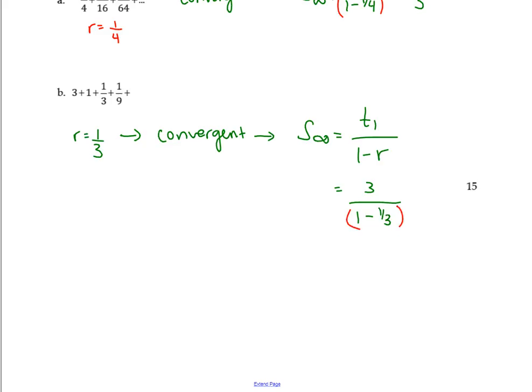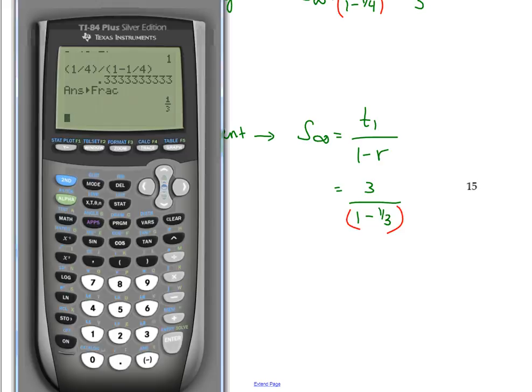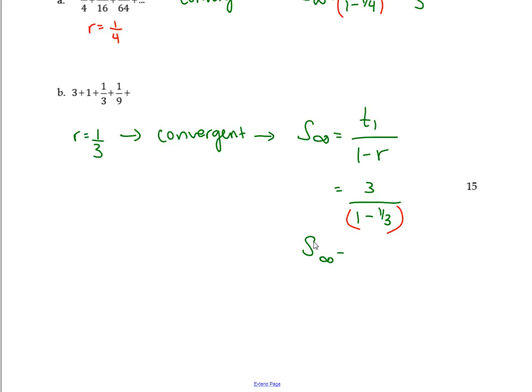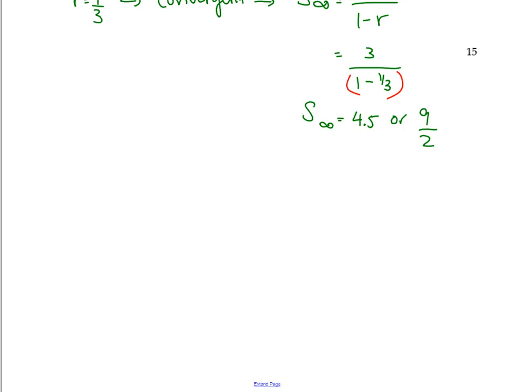Make sure to wrap your denominator in brackets when you enter that. Because it's a terminating decimal, it's fine to answer as a decimal. If it's a repeating decimal, you need to change it to a fraction. So 9/2 or 4.5 is perfectly acceptable.